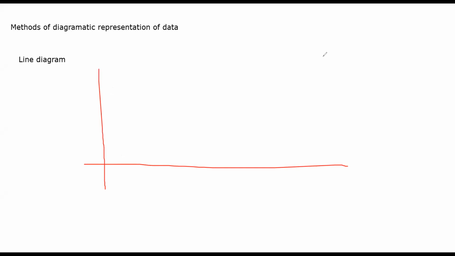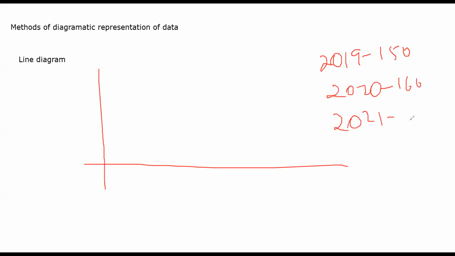So for example, let's suppose 2019 corresponded with the number 150, 2020 corresponded with the number 166, 2021 corresponded with 170, and 2018 corresponded with the number 140. This basically represents an upward trend.